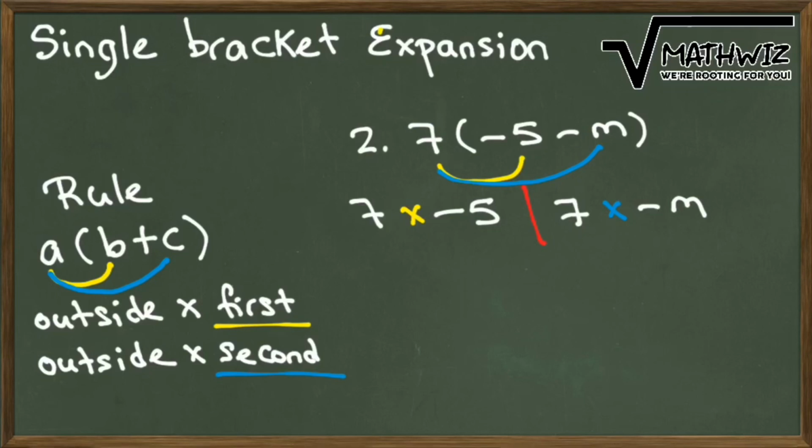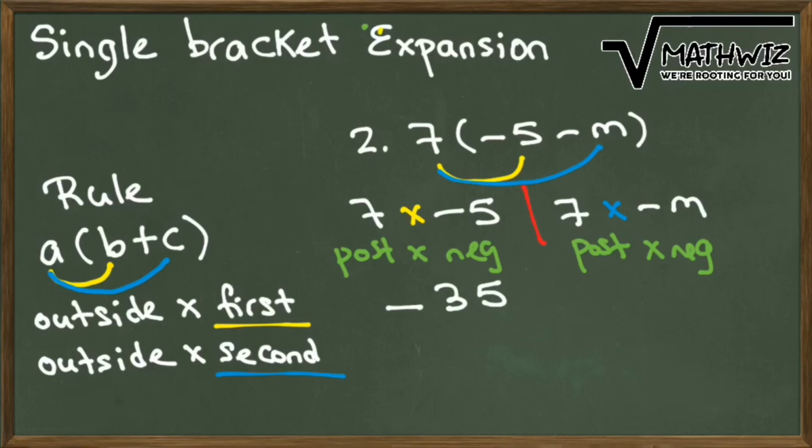So again, we have a positive multiplied by a negative, and we have a positive multiplied by a negative. So a positive multiplied by a negative gives you a negative, and 7 times 5 gives you 35. Same, positive times a negative gives us a negative, and 7 times m gives us 7m.